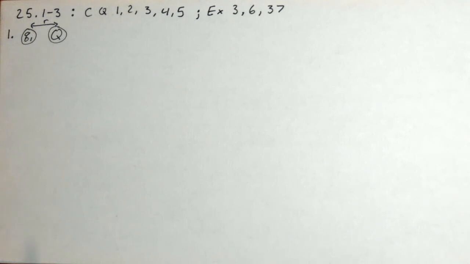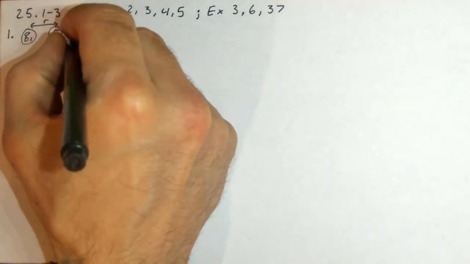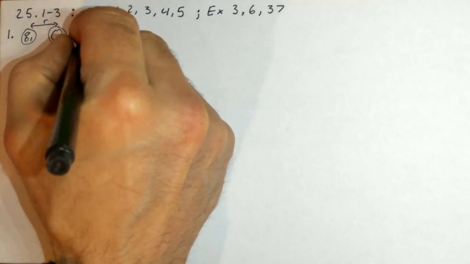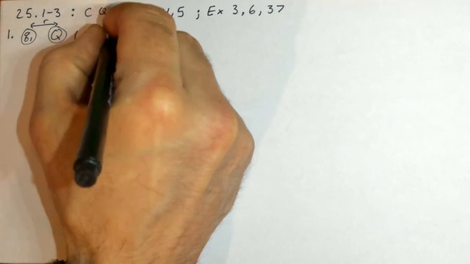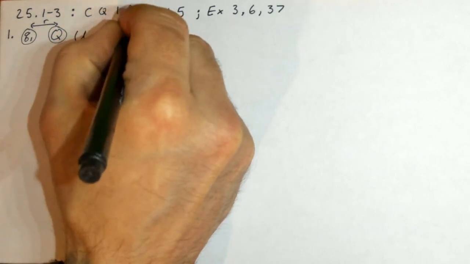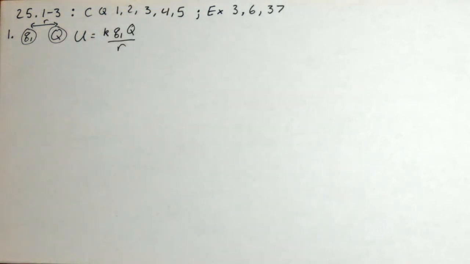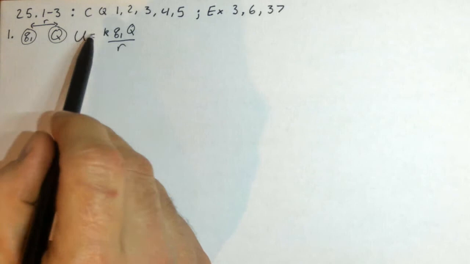Okay, so potential energy of 2-point charges is the main idea. And so we find the potential energy between these two charges is going to be equal to K Q1 times big Q over R. Now I want to point out that this is awfully similar to the force between two charges.